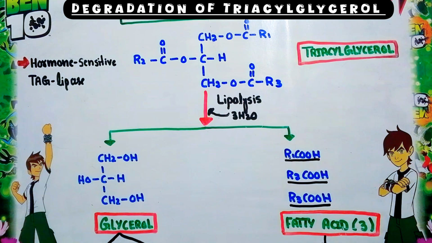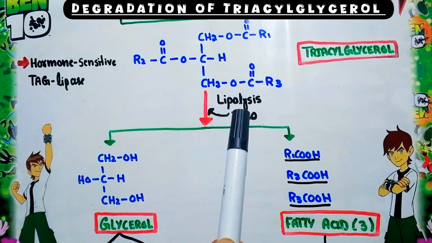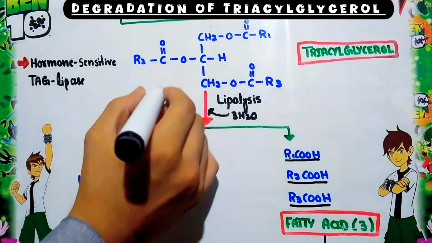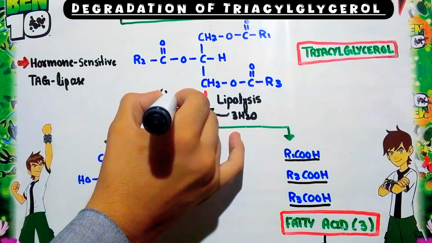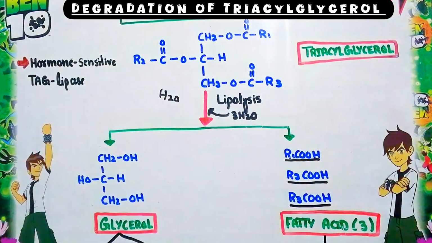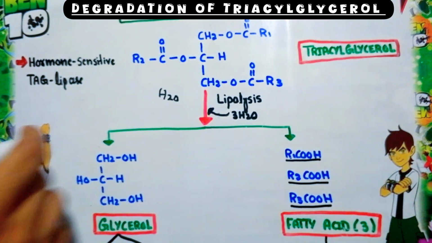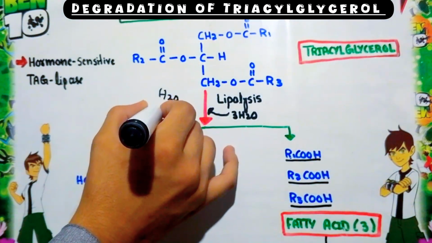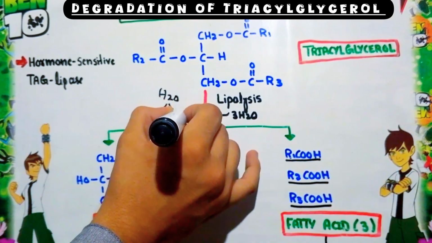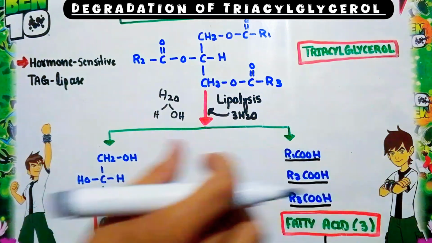Now this process occurs with the help of water molecules. Here three water molecules are added. One water molecule contains two hydrogens and one oxygen. One of the hydrogens will attach to this oxygen, and it will form the hydroxyl group of the glycerol, while the OH group of this water molecule will attach to this acyl group, and as a result it will form a fatty acid.